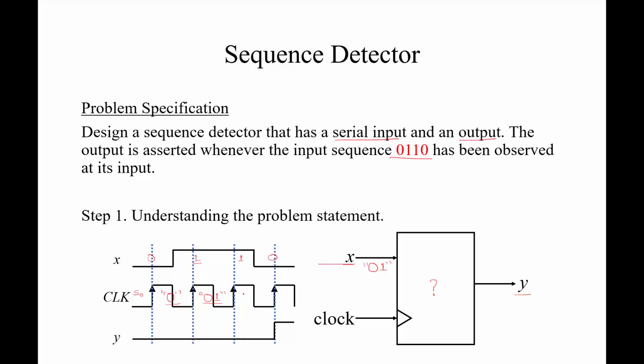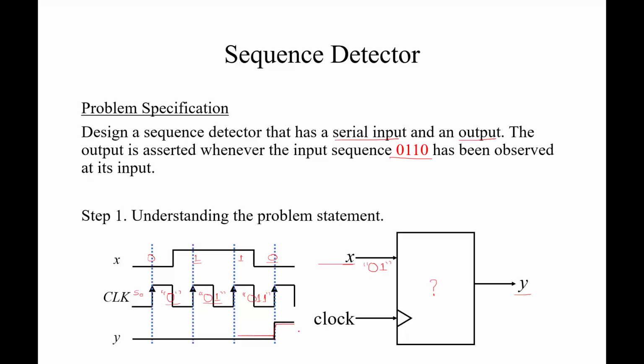At the third clock edge we can change the state of the circuit to 0 1 1, and then finally at the fourth clock edge, when the desired input x is low, we can make our output high.